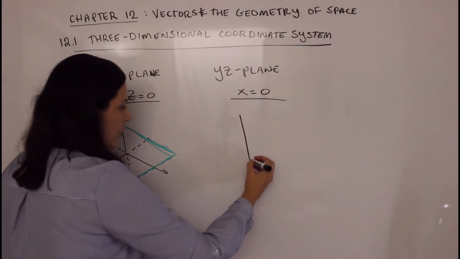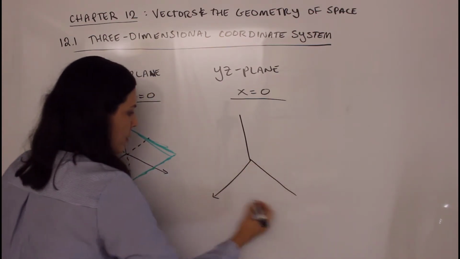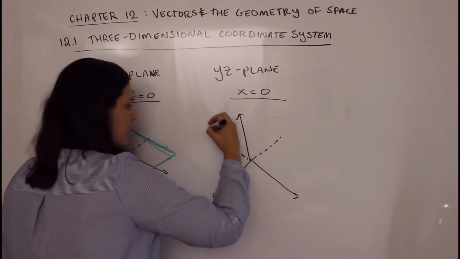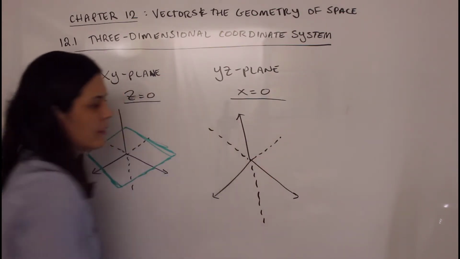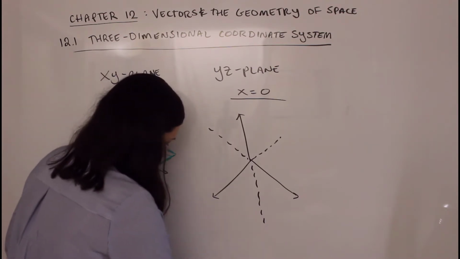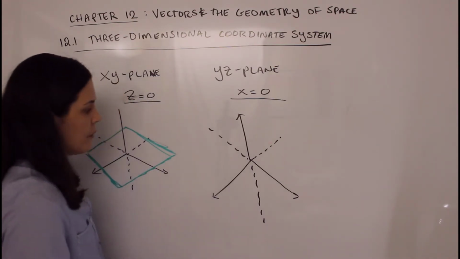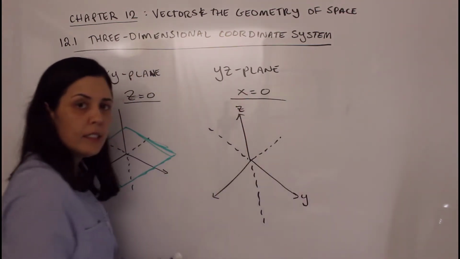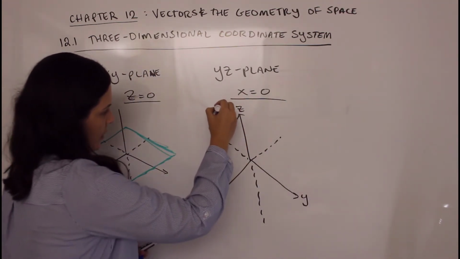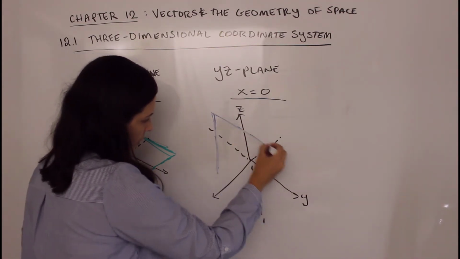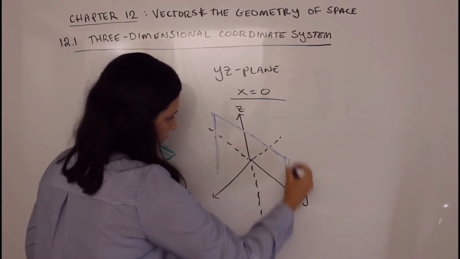If I quickly redraw my coordinate system here, and let's draw some negative axes. Remember, you're trying to visualize this being three-dimensional. Then the YZ plane, let's use blue this time. Let me label this for you. This was the y-axis, this was the z-axis. The YZ plane would be like a sheet of paper like this, parallel to the y-axis here.